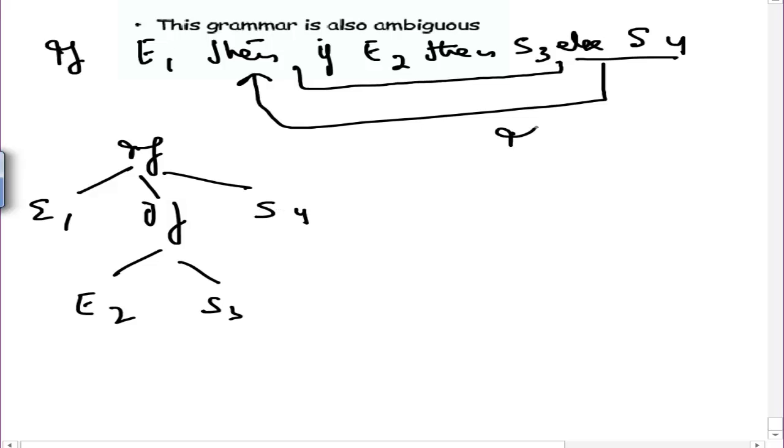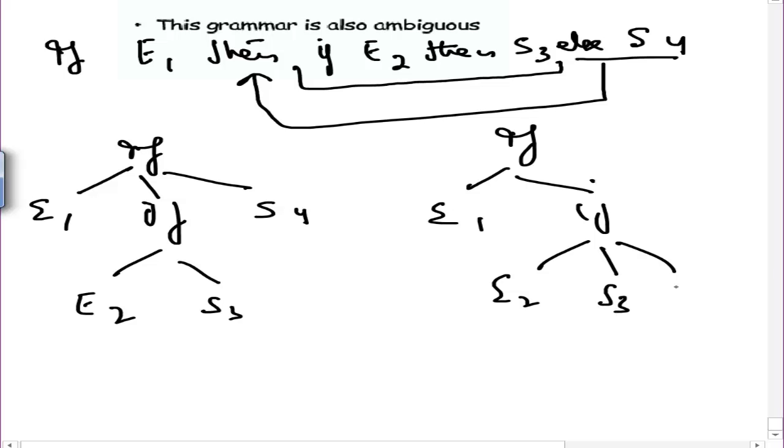But if I write it another way, if E1 then do if, now if E2 then do S3, and else is with this if. So I can have the problem of else S4 with the inner if, or else S4 with the outer if. Now we got two parse trees, so that's why we say this is an ambiguous grammar.